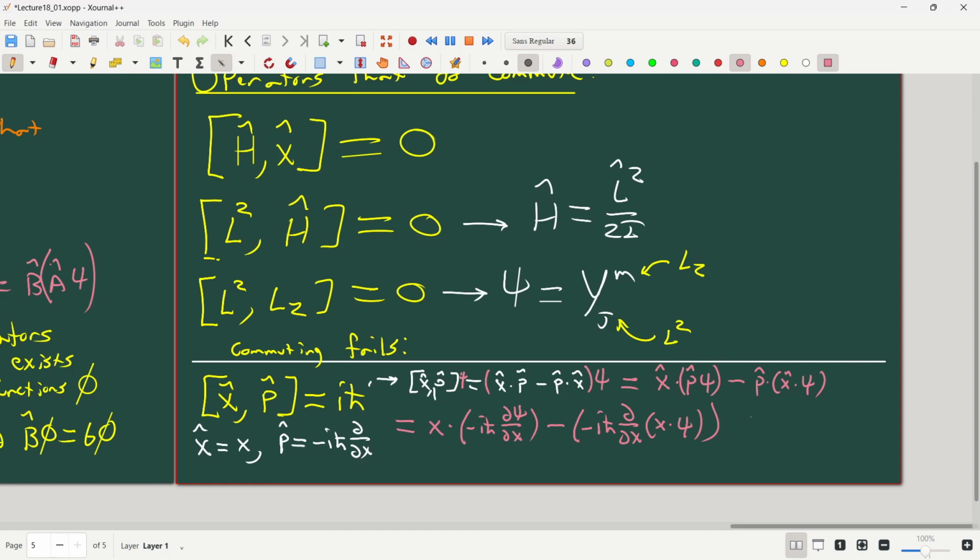So let me just simplify a few things. We get an iħ out. Let me actually factor out my iħ. And we're left with x dψ/dx. I factored out the iħ, so we have a plus here.